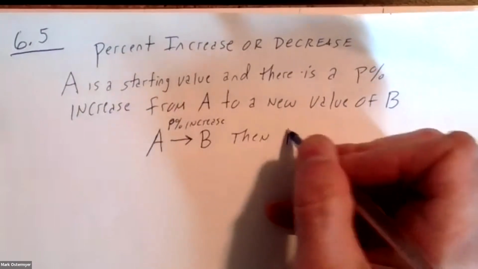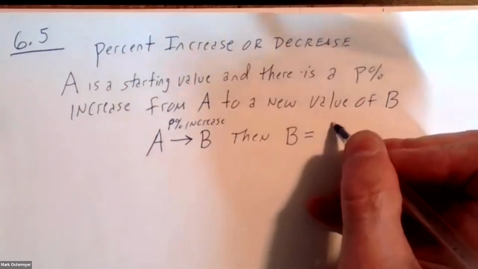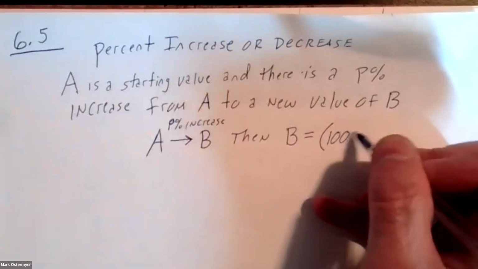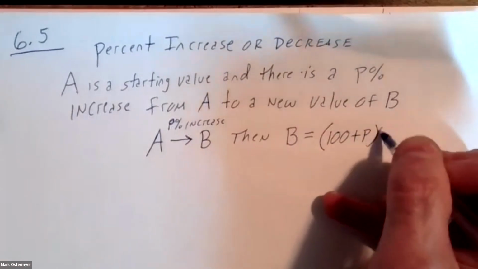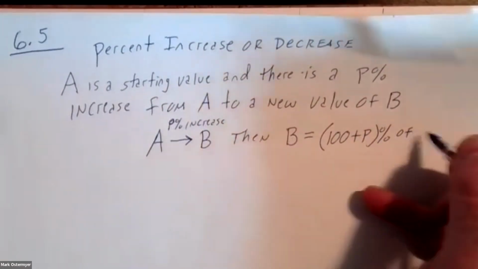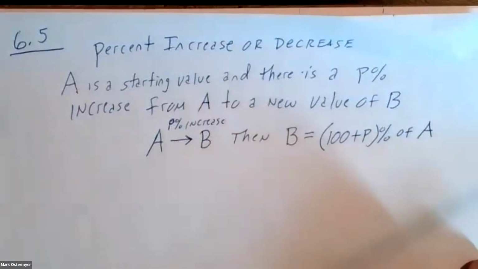We can say the new value B is really equal to 100 plus P% of the original or old value A. There you go.